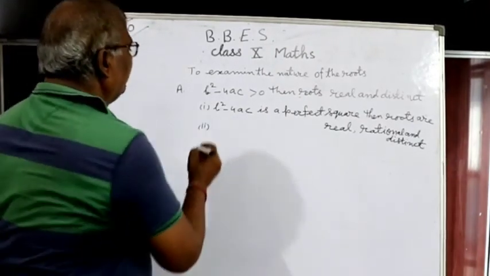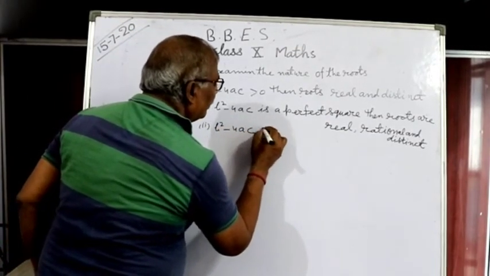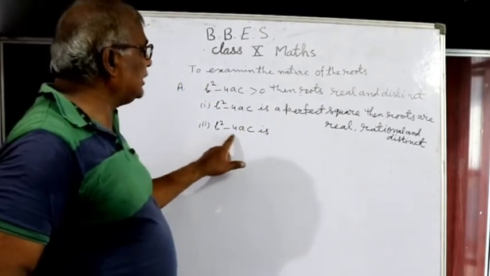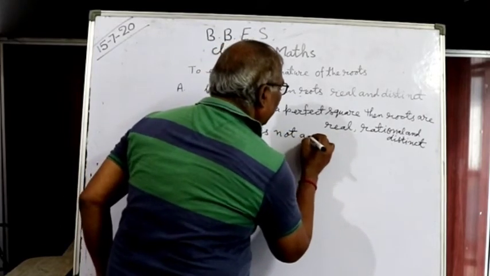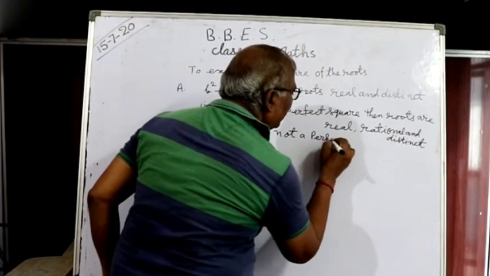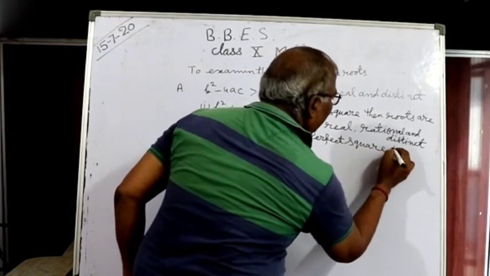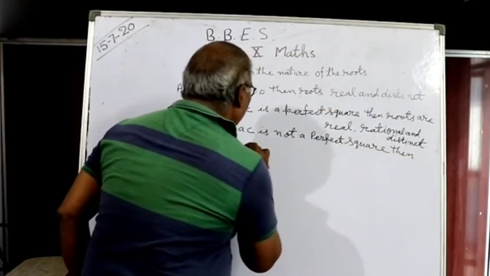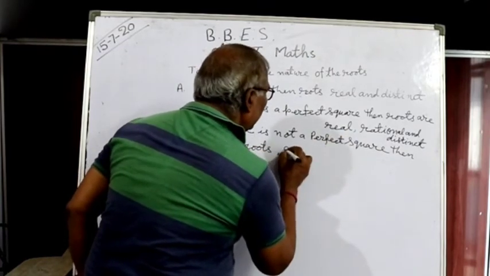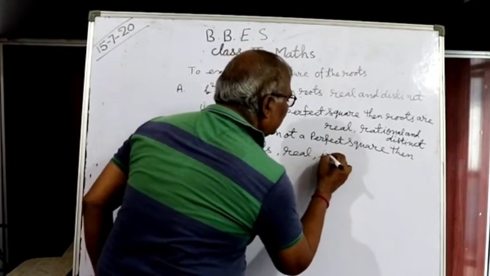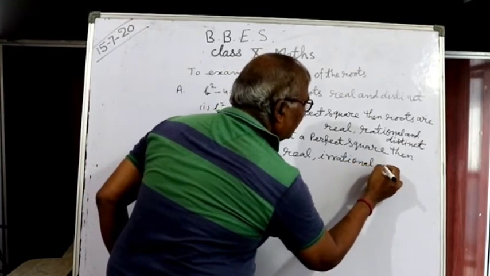Second case, if b square minus 4ac is not a perfect square, then the roots are real, irrational and distinct.